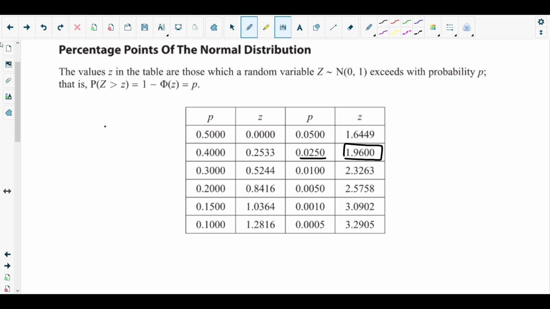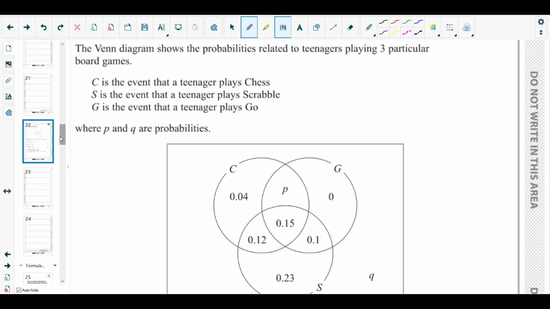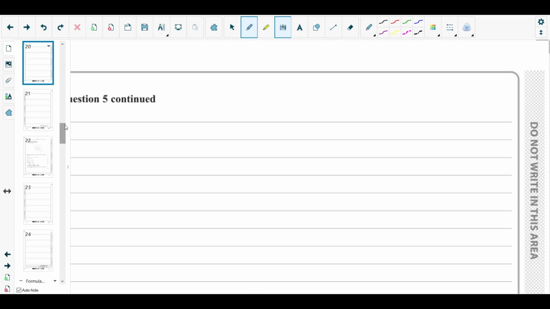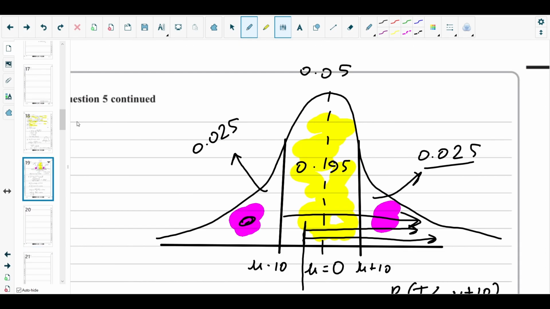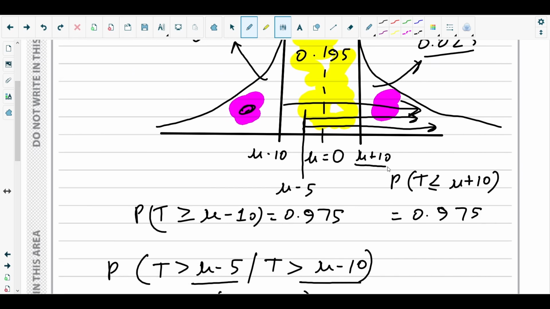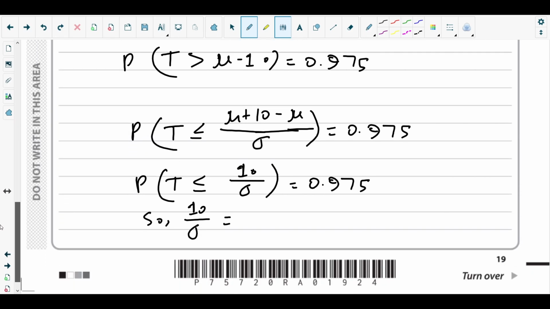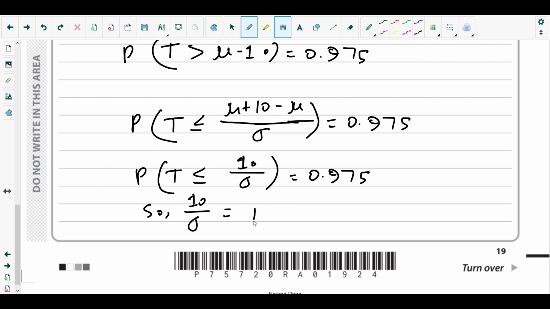That means the standard value for mu plus 10 is basically 1.96.